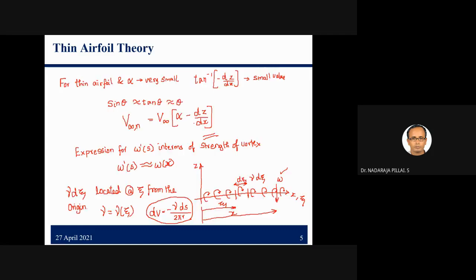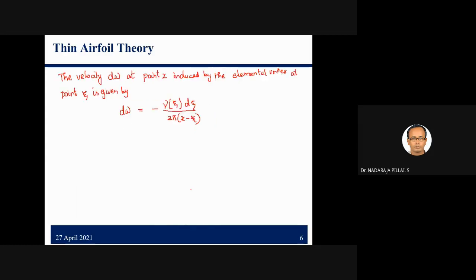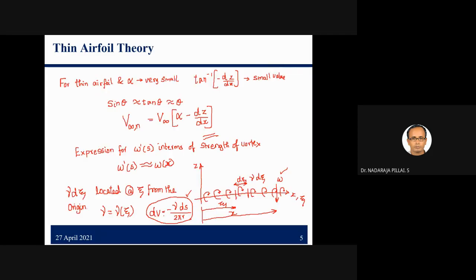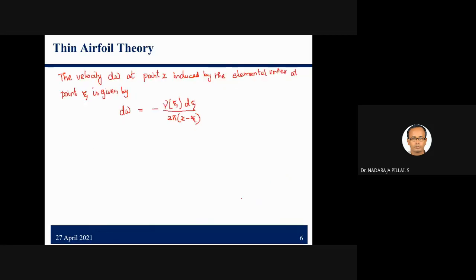So please always remember this equation: dV is the induced velocity, equal to minus gamma ds by 2 pi r. This is induced because of x minus zeta.